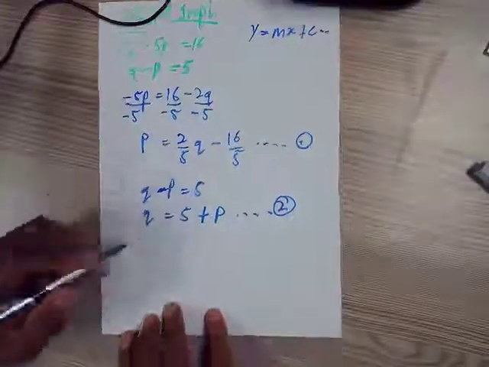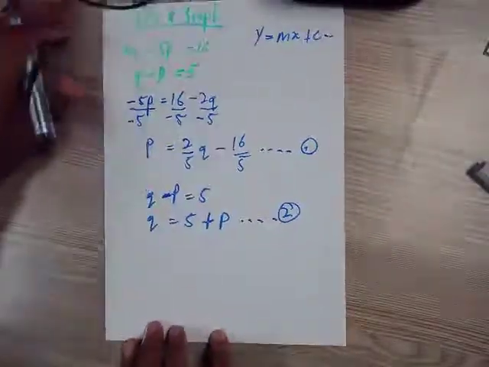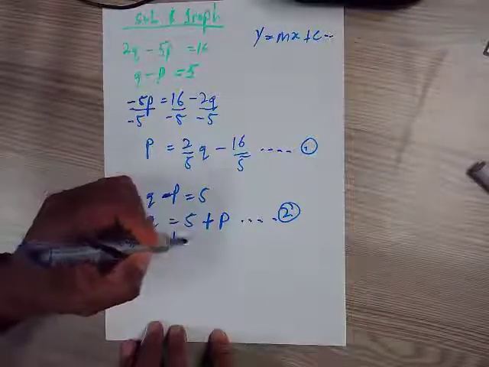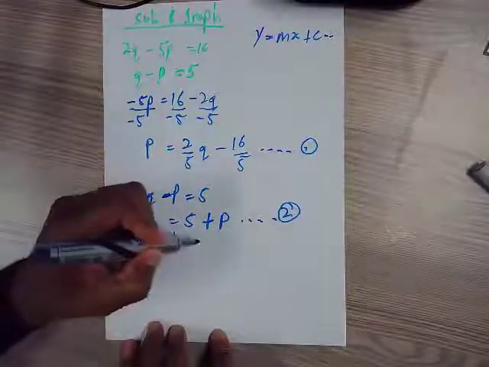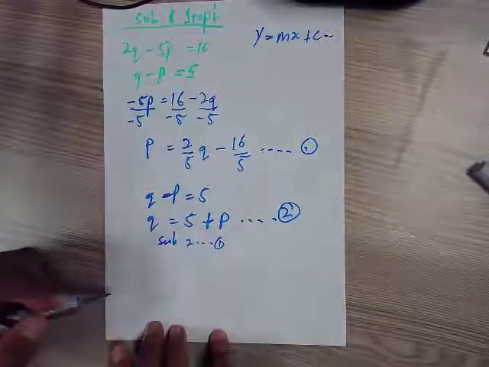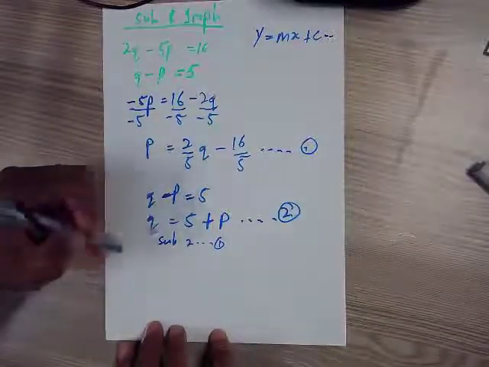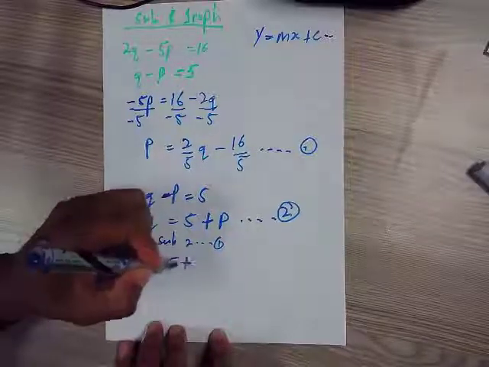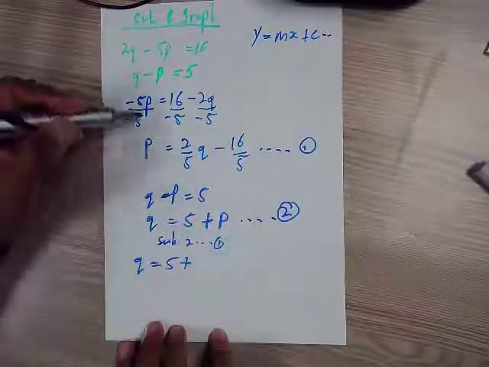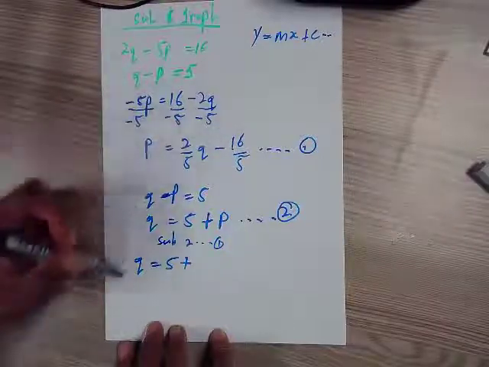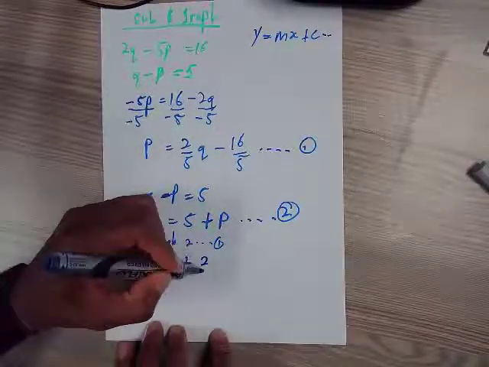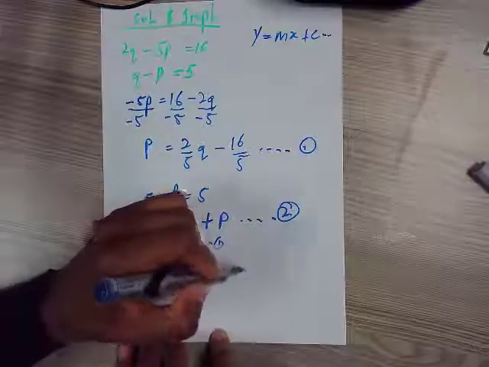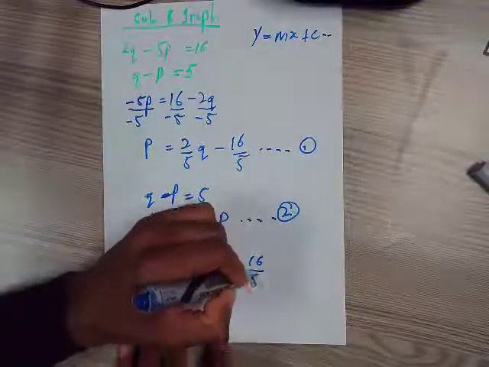Now what you do now is you substitute equation 2 in equation 1, right? So that you have q equals 5 plus whatever is p, you substitute by q. 2 over 5 q minus 16 over 5, right?